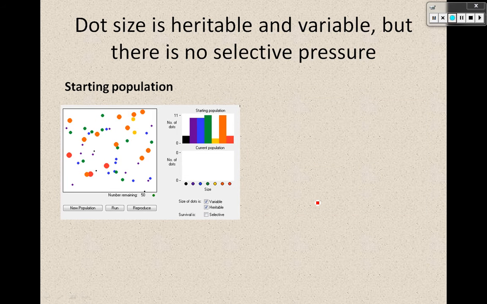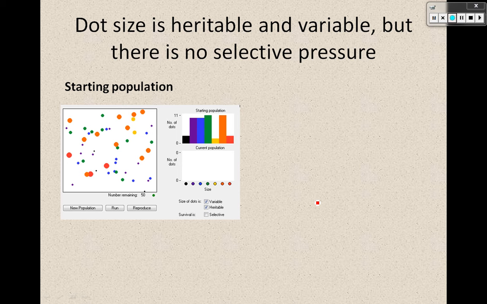And so then finally, the dot size is heritable, so you can inherit it, and it's variable, so there are different variations. We have big dots and we have small dots, but there's no selective pressure. In other words, what is causing the change from outside, almost like a competing factor, doesn't have anything to do with size.